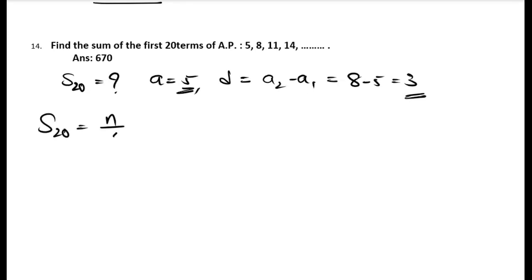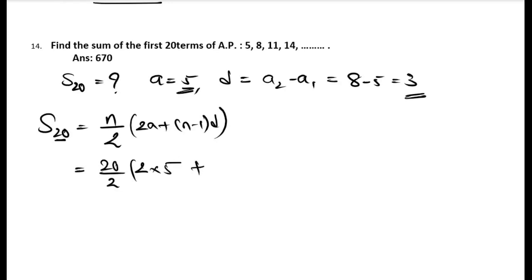So what is the formula? We don't know the last term, so we'll use this formula: n by 2 bracket 2a plus (n minus 1) into d bracket close. What is n? n is 20. We have to find sum of 20 terms, so n is 20. So 20 by 2 bracket 2 into a, a is the first term 5, plus (20 minus 1) into d, d is 3. 20 by 2 is 10, bracket 10 plus 19 into 3.